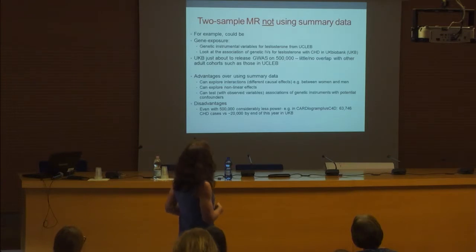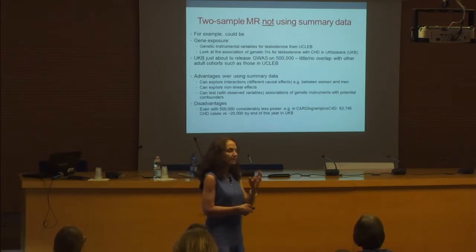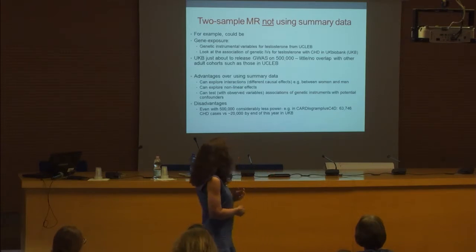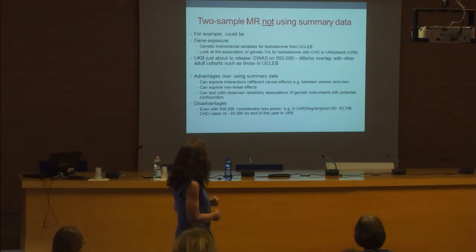So we could run an association of known genetic variants that have been shown in genome-wide association studies to be related to testosterone. And we might have testosterone measured in about 10,000 of our samples. So we can run that and get the denominator in the UCLEB consortia.